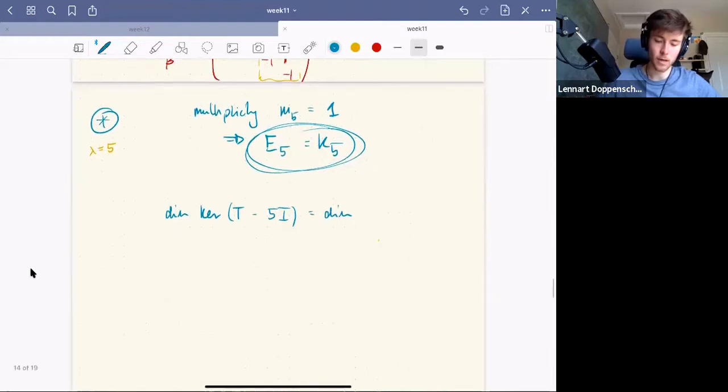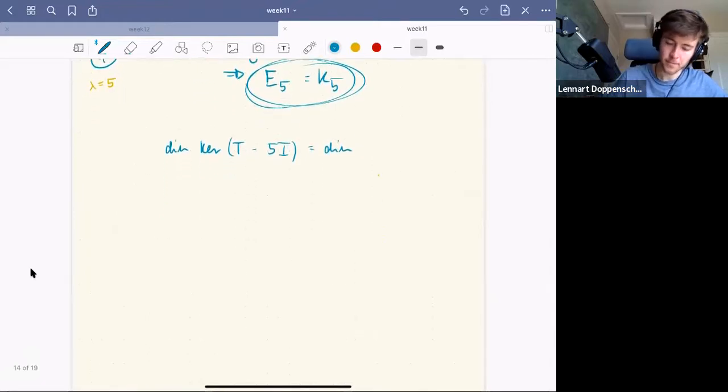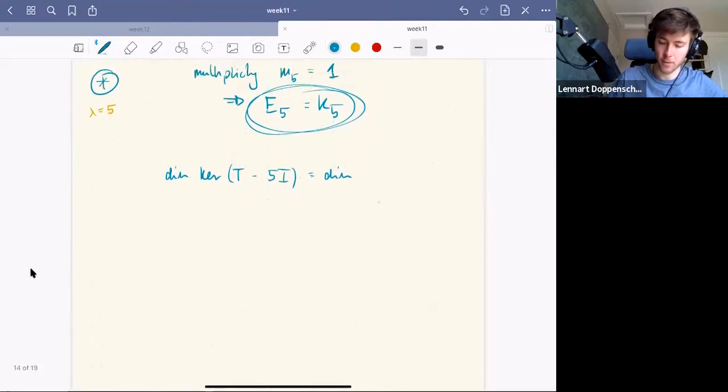And whenever this happens, the Jordan block is actually just a diagonal. And it's just a block of size 1 by 1. So I don't really have to do much computation anyways. I could just jump the gun and say that T in some canonical basis is going to be just 5.